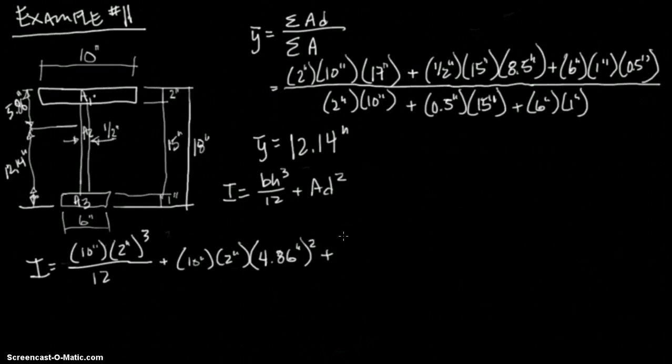Now we move on to A2. A2, the base, is a half inch. The height is 15 inches. Cubed over 12 plus AD squared. A is 1/2 times 15.